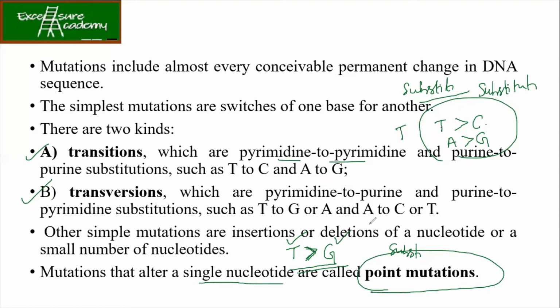Is this much clear? It's very simple, right? Just remember, whenever we write like this, we are talking about substitution. By looking at the pyrimidines and purines, you will understand whether it is a transition or a transversion. Clear? Yes, it is clear. Okay.